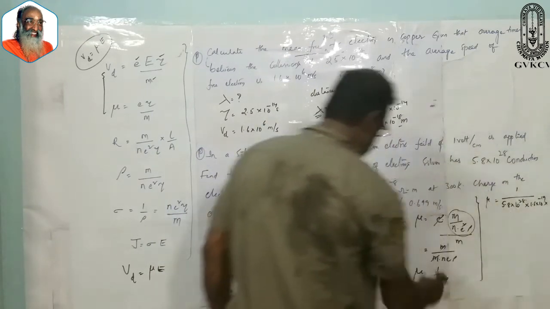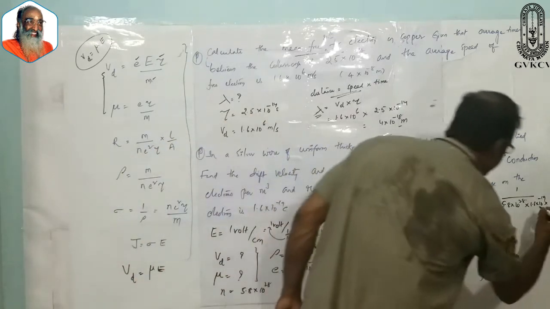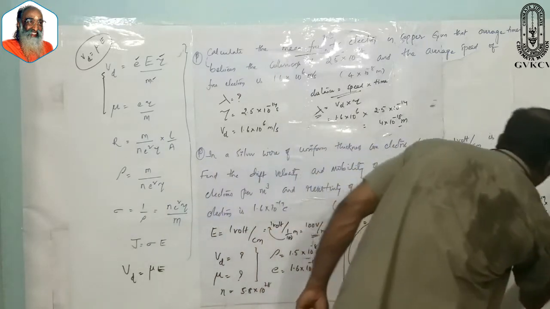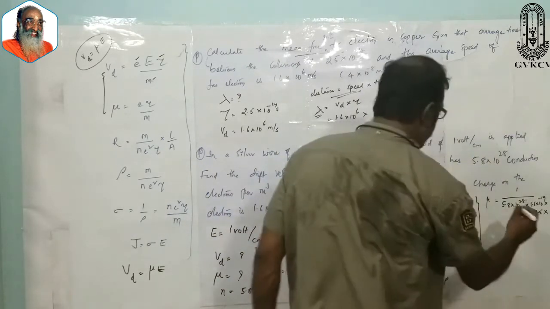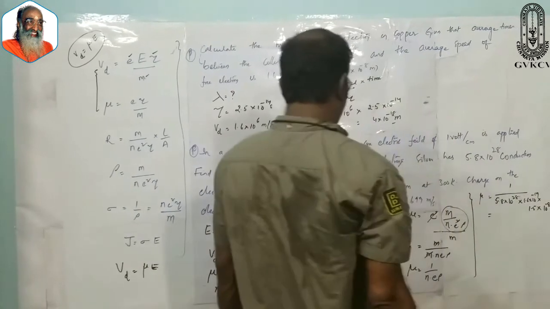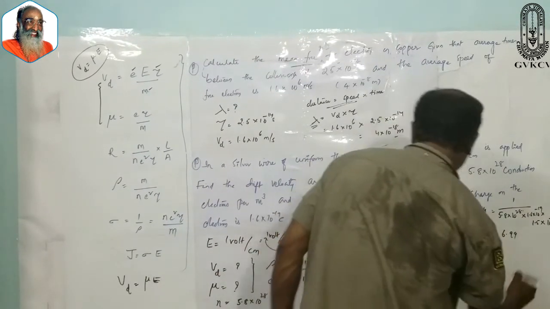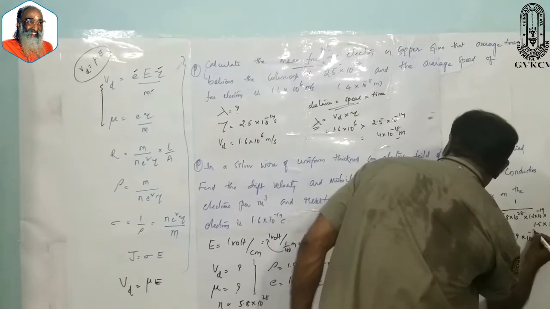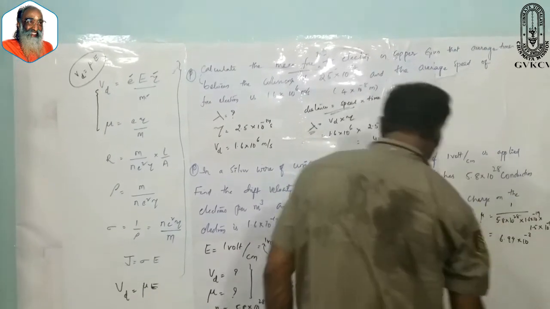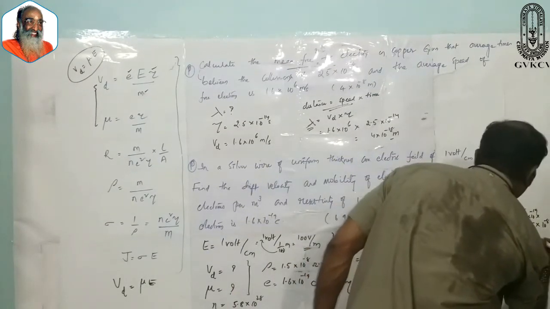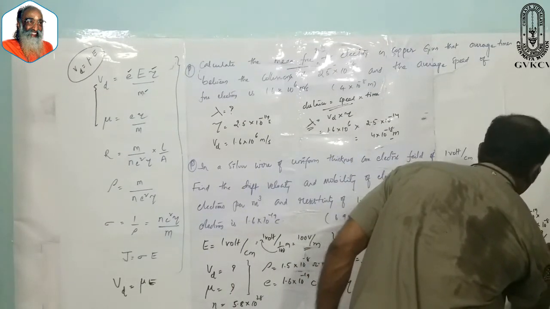It is 1.5 into 10 to the power of minus 8. So if we go for a calculation, we will get the answer as 6.99 into 10 to the power of minus 3. So we are calculating mu, isn't it? So it will be meter square per volt second. Okay, so that is about the mu.